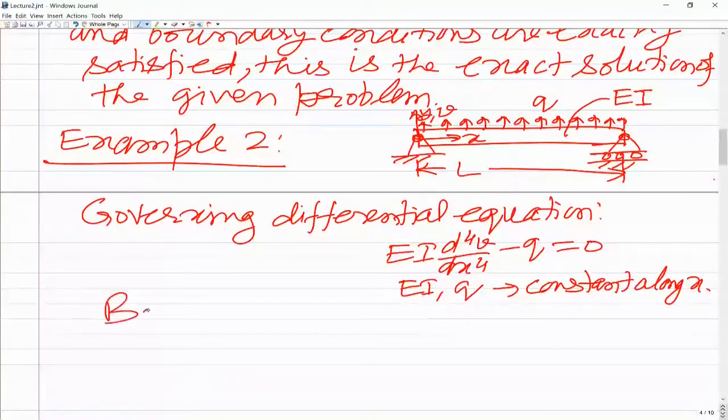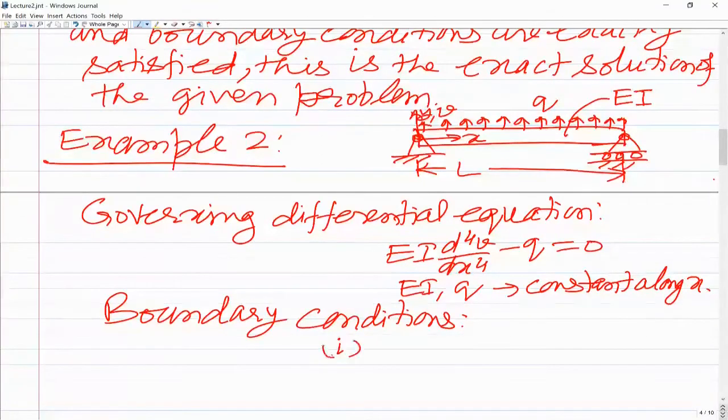And the boundary conditions. One boundary condition: if you look at it, the beam is hinged at both the left and the right end. At the left end, x equal to 0, v will be 0 because it is pinned, so this point cannot move.